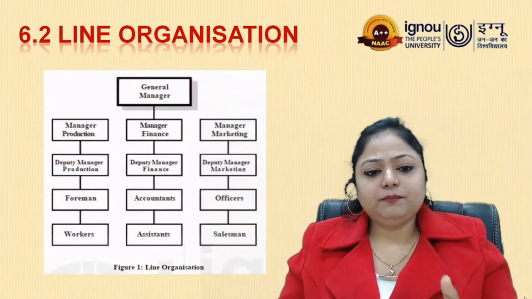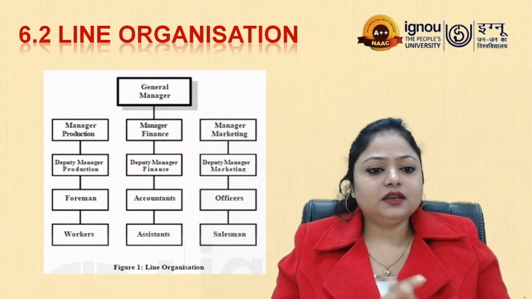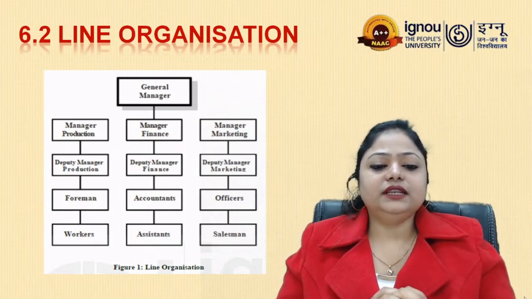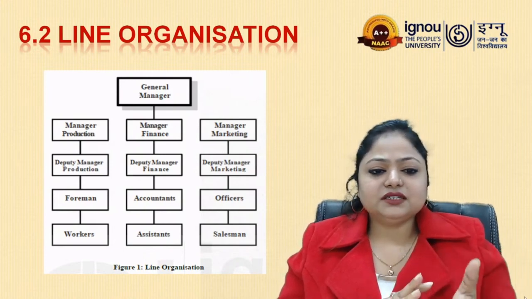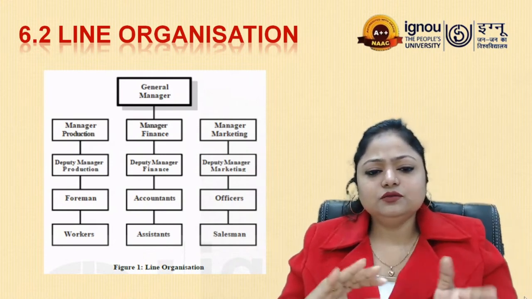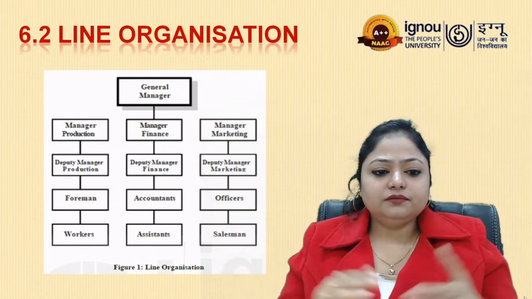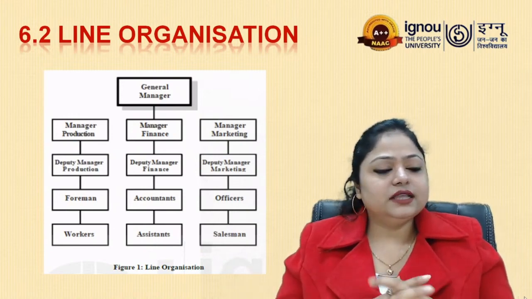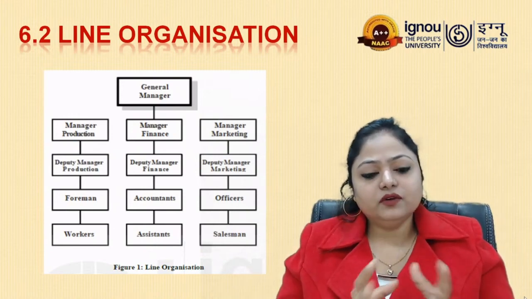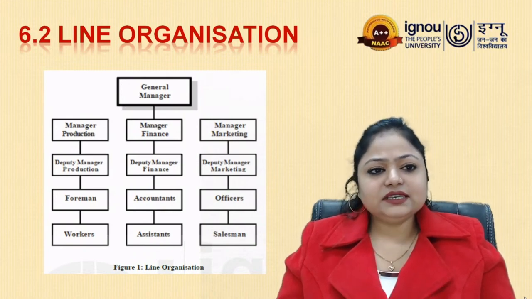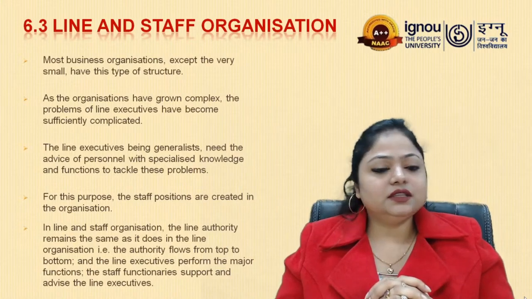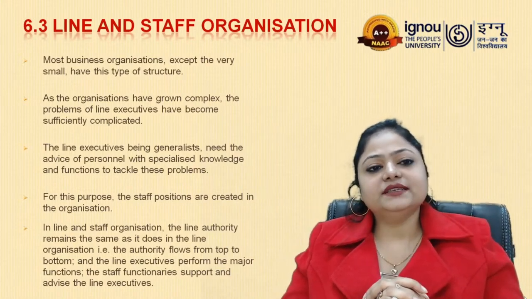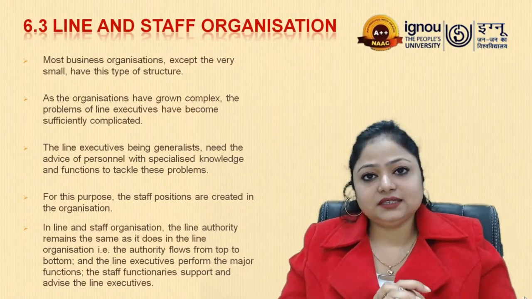So this is a chart of the line organization. We have the general manager, and then the production manager, finance manager, and marketing manager. Another level of managers is there, that is deputy manager, foreman, and workers. Then there is a different section that deals with another type of organization, which is line and staff organization.